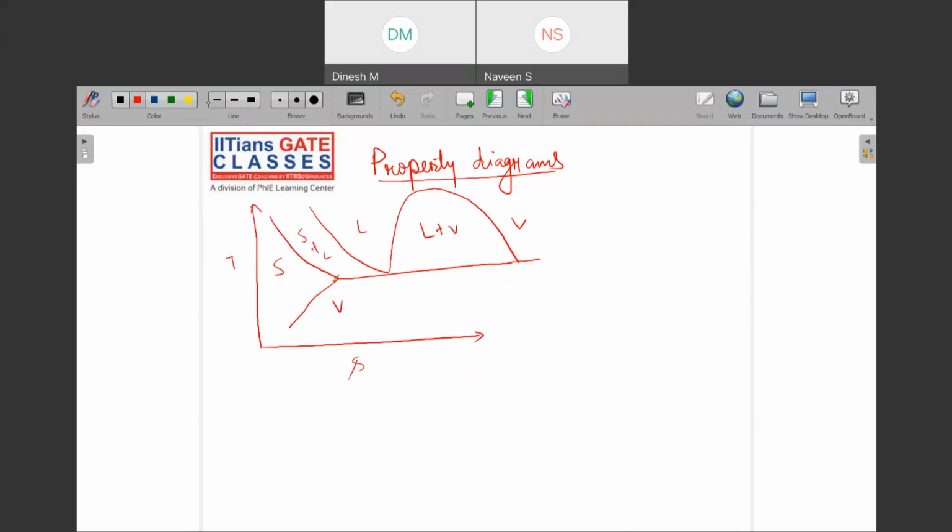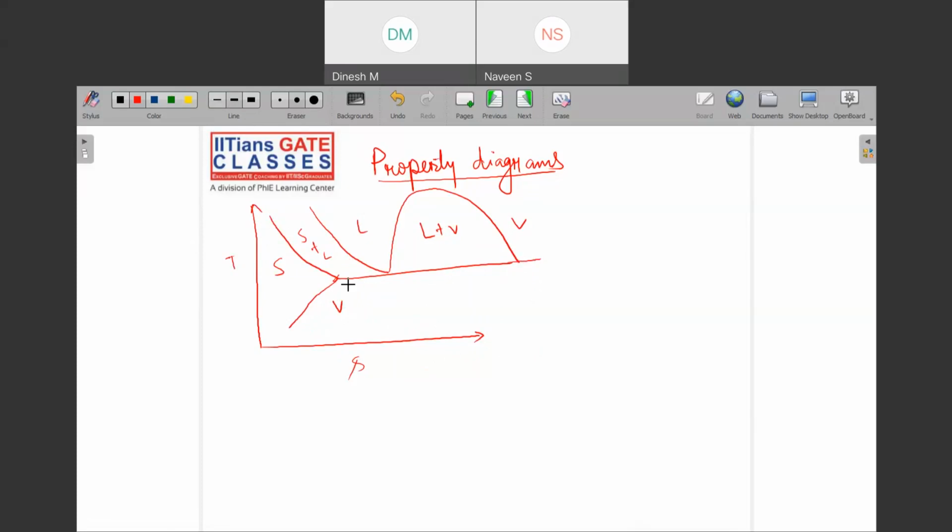Okay. Yeah. So this is your diagram for the TS diagram, right? And we can see that here also we have solid region, and then we will be having solid plus vapor region also, right? So this is the region where we have solid plus vapor also.